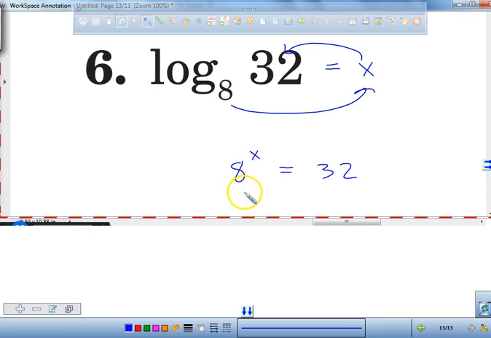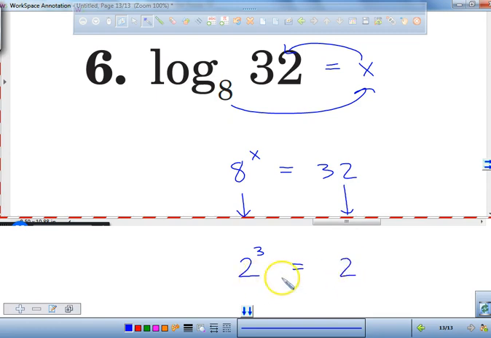Now, everybody, something you're going to need to know, all right? Because you guys need to know that 8 can be converted to base 2. Because 8 is the same as 2 to the power of 3. 32 can be converted to the base of 2. Now, I'm not talking about counting bases.